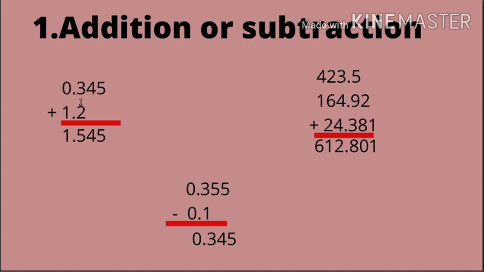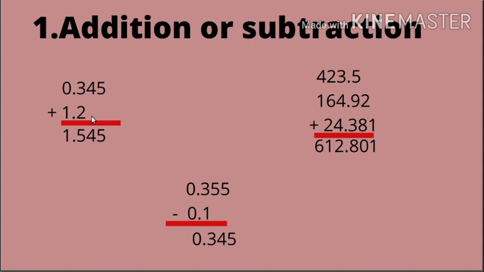Here you can see that the number of significant figures for 0.345 is 3, and for 1.2 is how much? Yes, only 2. So the answer will be written in only 2 significant figures, because you are not confident about the digits beyond. Here I have automatically considered that there is 0.